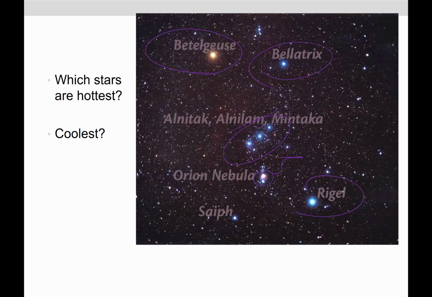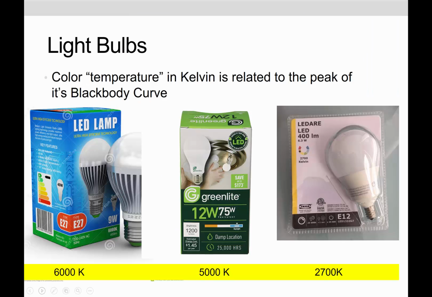This is the Orion Nebula. It's not really a star. It is a whole cluster of stars and gases. But it does look kind of pinky in there because that's a lot of hydrogen gas going on. So Betelgeuse is cold because it's red, and Bellatrix and Rigel are hot because they're blue. This gets very confusing because it's kind of opposite from water taps.